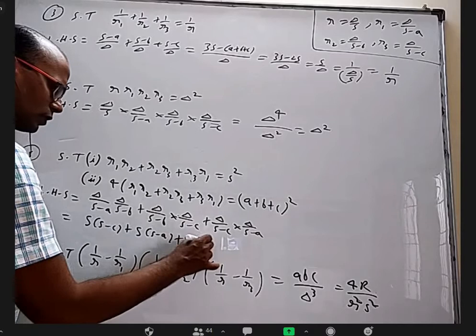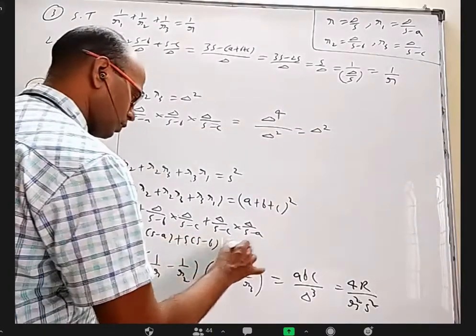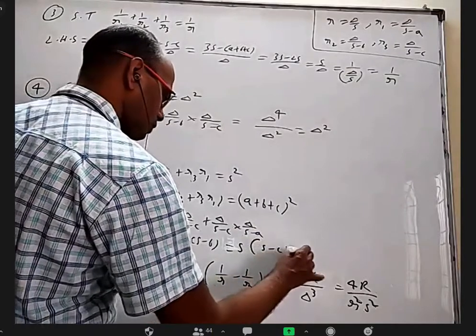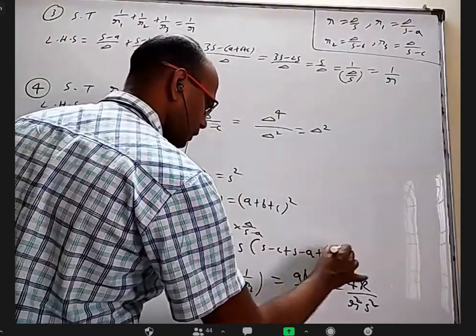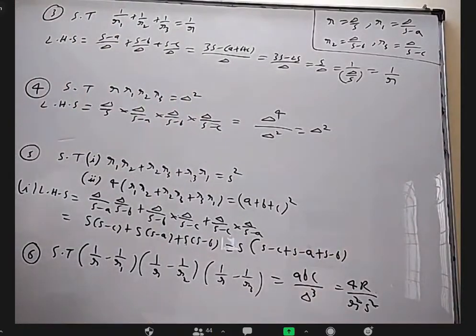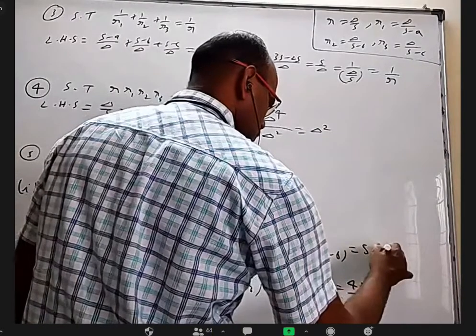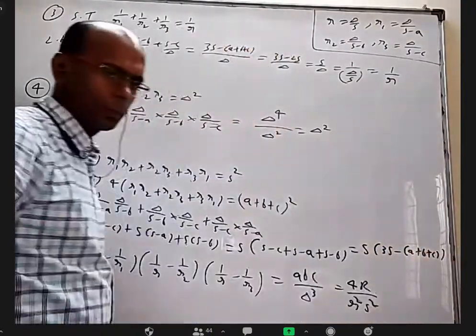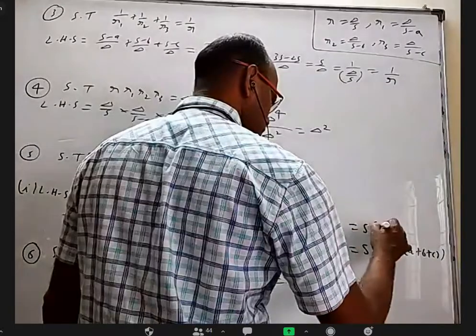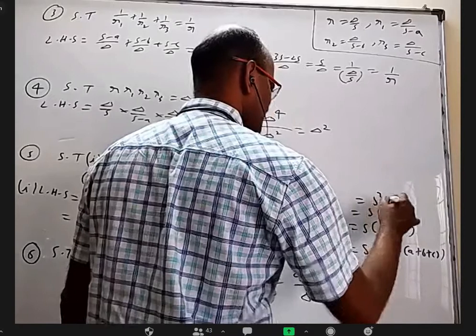This will be S into S minus B. You can take S common, you'll get S minus C plus S minus A plus S minus B. That is S into 3S minus A plus B plus C, which you can write as S into 3S minus 2S, which is S into S, which is S square.